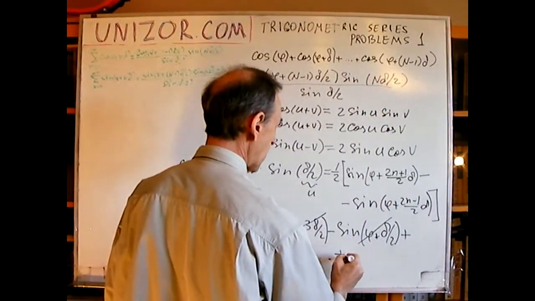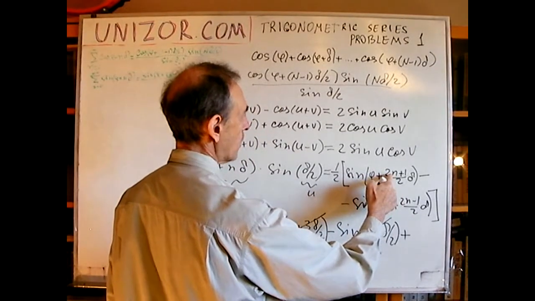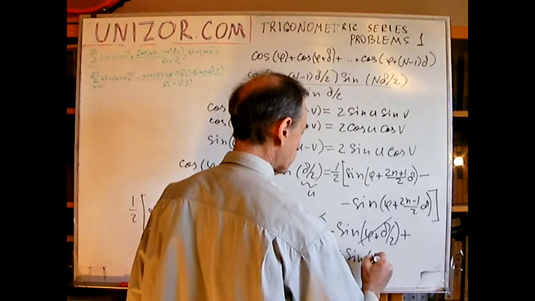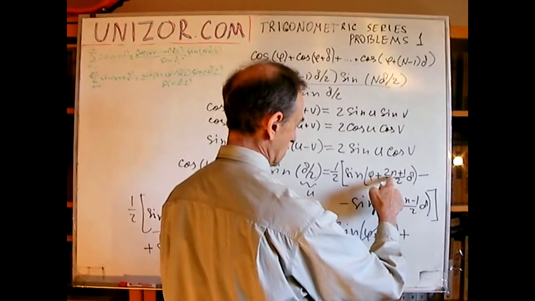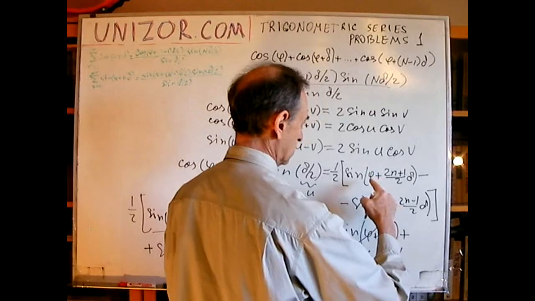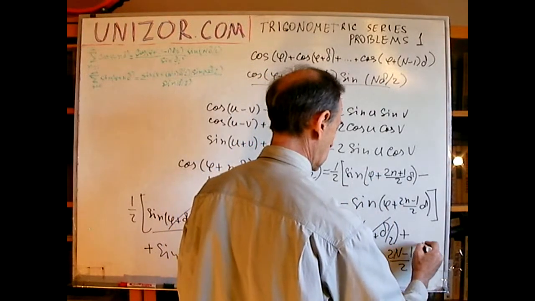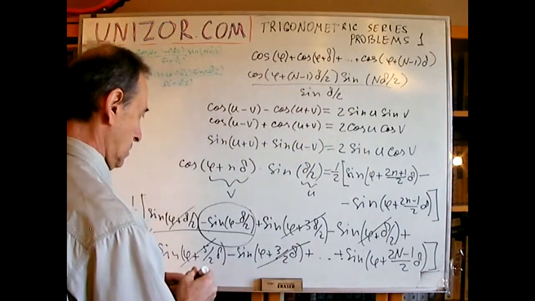So the remaining one, if lowercase n is equal to N minus 1, would be sine of phi plus 2N minus 1 over 2 delta. Close. That's what it is.